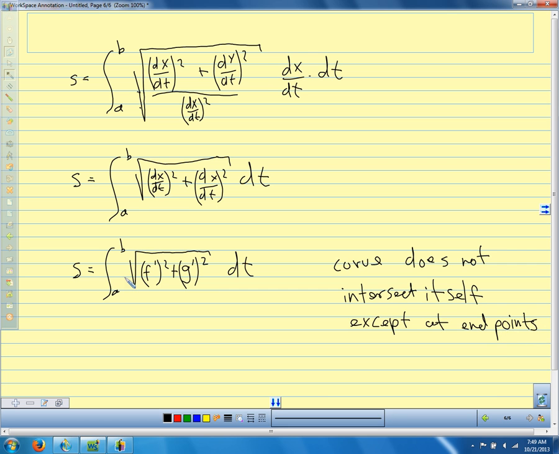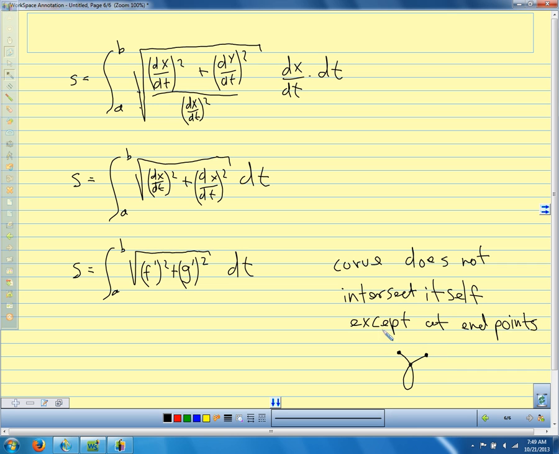So if a to b takes us around back to the same point, that's okay. But if our curve looked like our prolate cycloid that we had there before, we couldn't find the arc length from a to b here where it crosses over itself in the middle of the interval. You'd have to do it piece by piece. So we could do from here to here, that would be okay because it's crossing over at the end point. So yeah, we would have to break it into three different integrals to find the arc length.